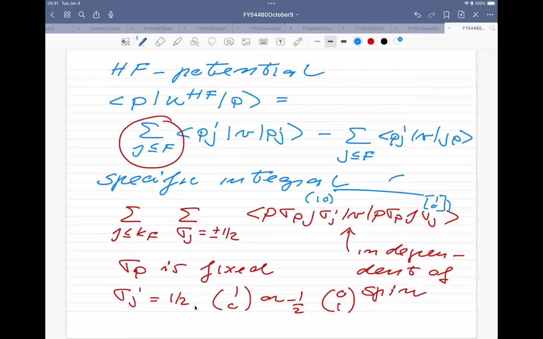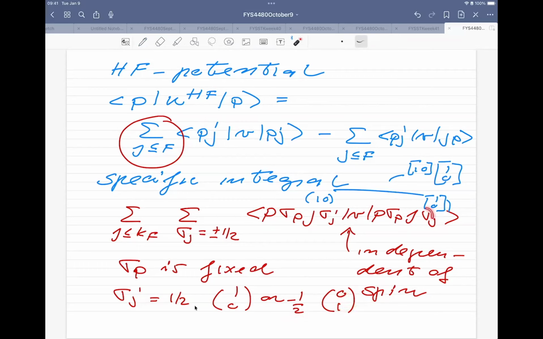What I'm doing is simply performing the multiplication of two vectors like that. Now in the next case, I'm summing over minus 1/2, and then I would simply have the inner product of 0, 1.